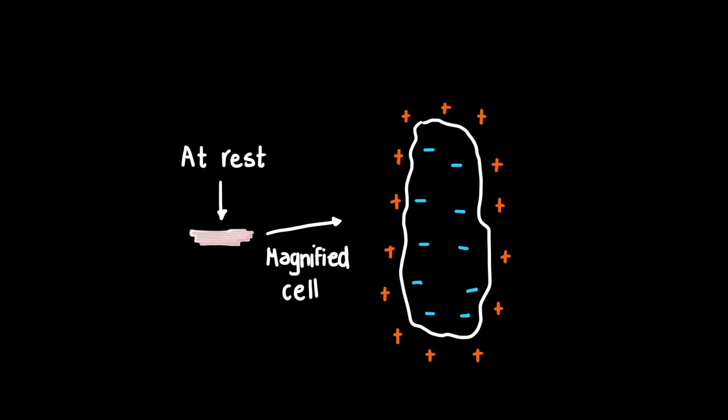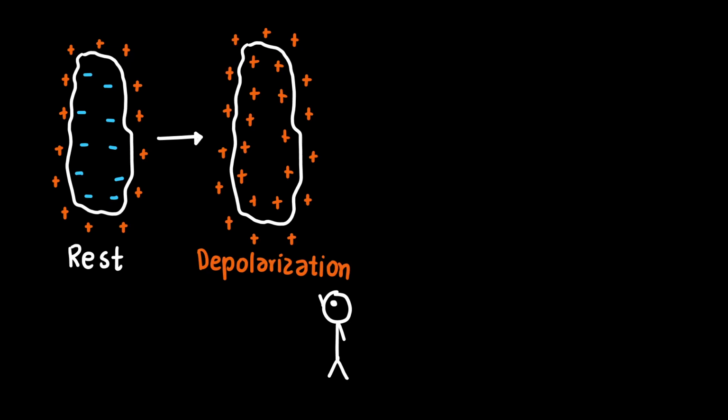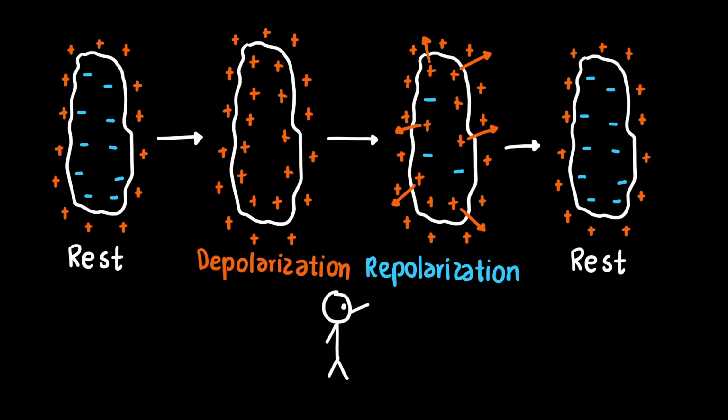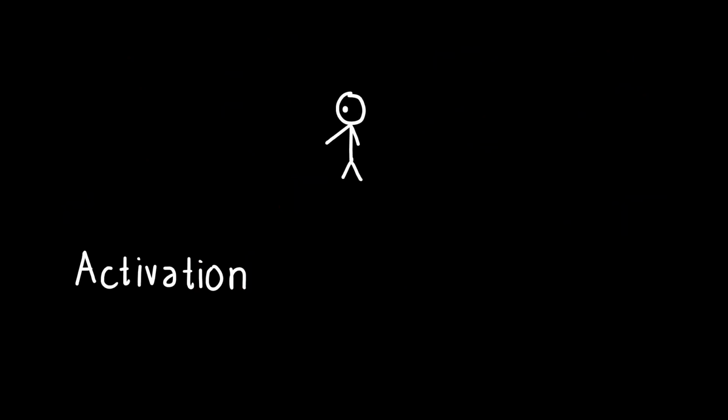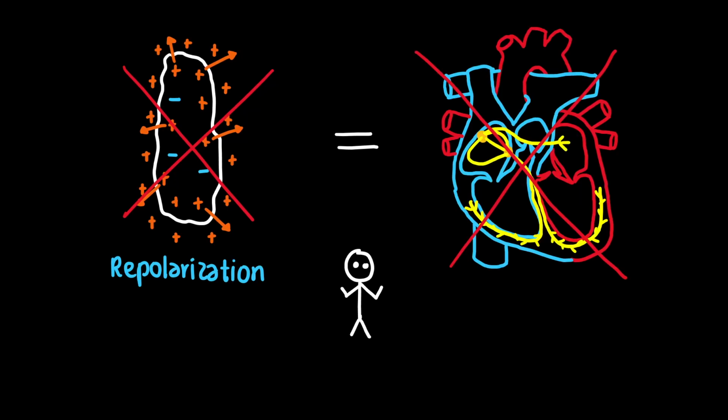So the cycle is rest, then depolarization, then repolarization, then rest again. So the cells go from activation to recovery. And the truth is, without repolarization, there is no next heartbeat, no reset, no rhythm, no heartbeat continuity.